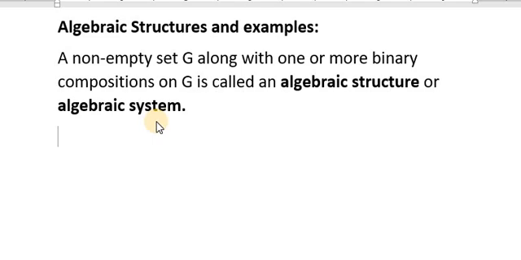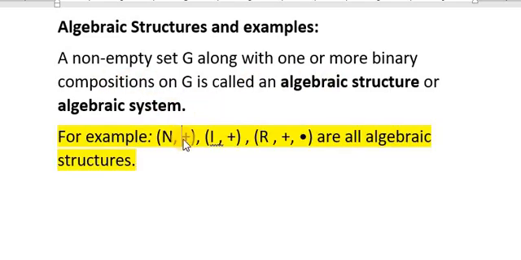For example, a group is a simple algebraic structure. N, the set of natural numbers with respect to addition, forms a group, and the set of integers with respect to addition is also a group. The binary operation plus must hold good the associative law, identity, inverse, and also closure law.